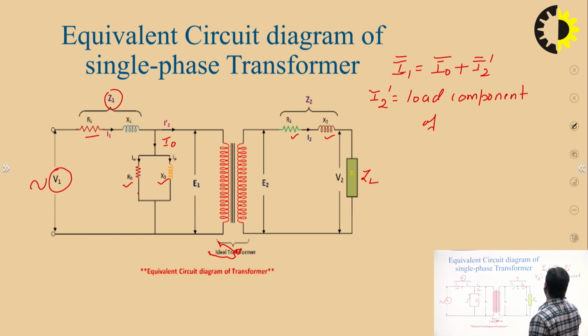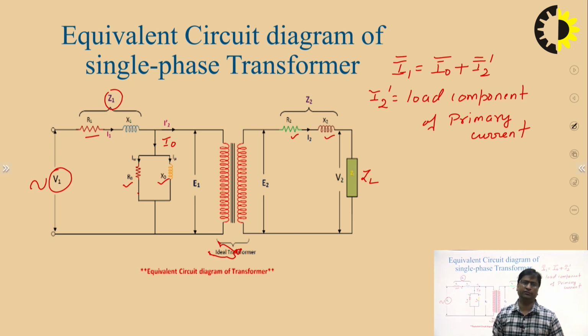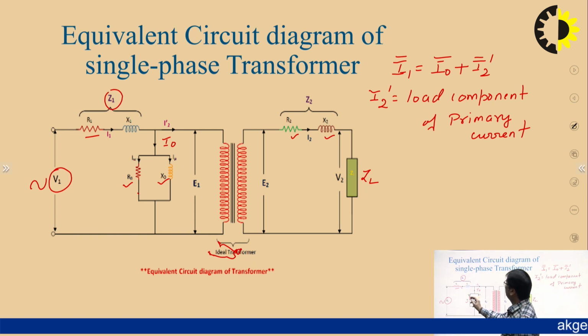In the previous lectures on the transformer, we have seen the operation of the transformer on load, so this term comes from there. When the transformer is loaded, I2 dash is the counterpart of I2, which is part of the primary current. And we have these two currents, the magnetizing component and the core loss component.